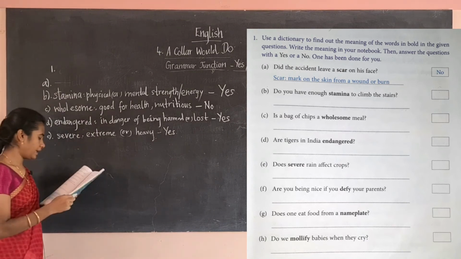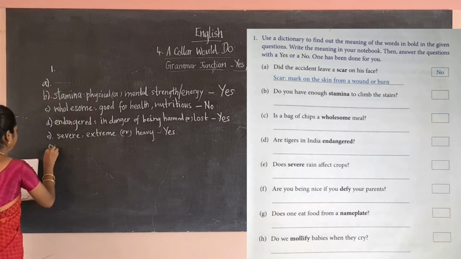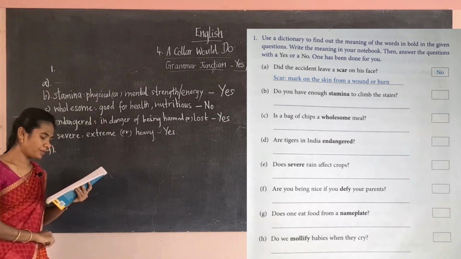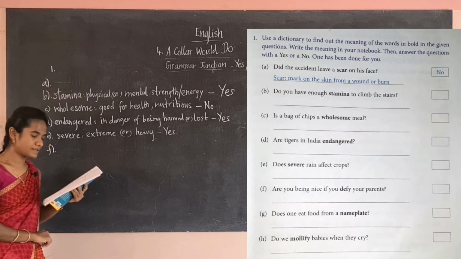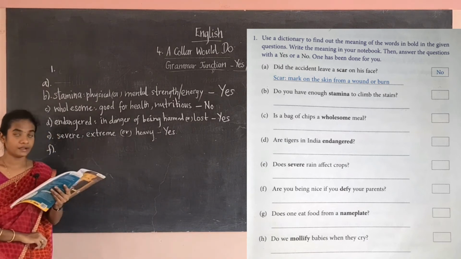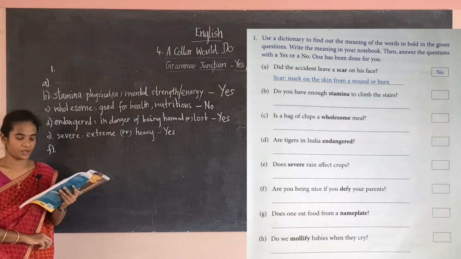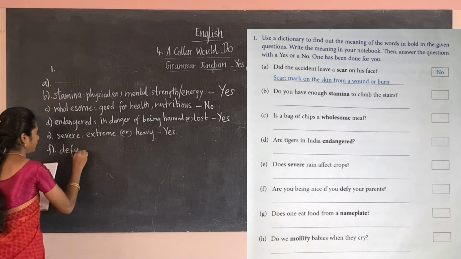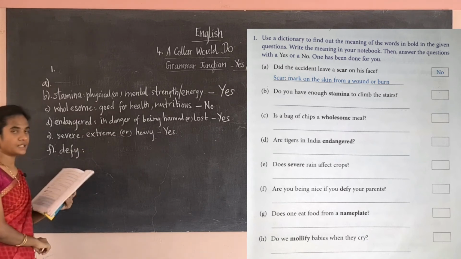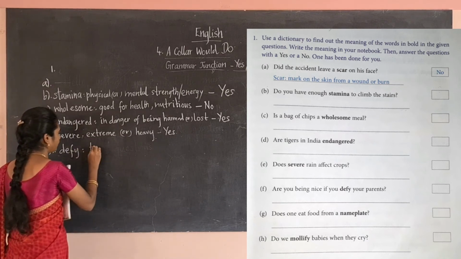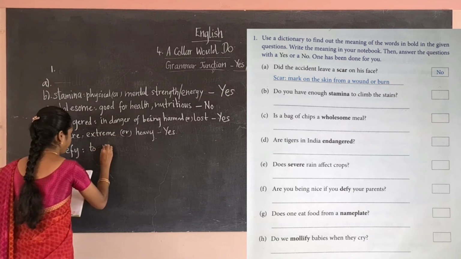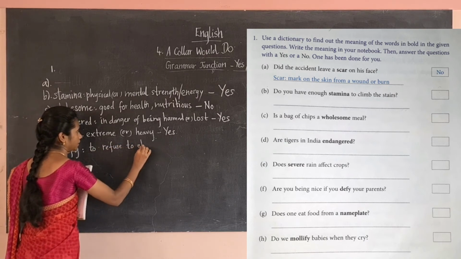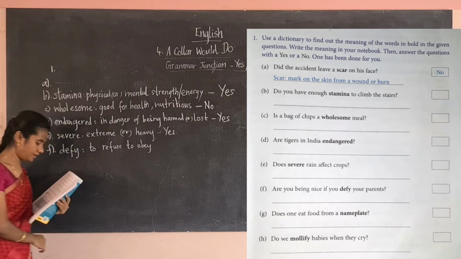Okay, then next F. Are you being nice if you defy your parents? Here the bold word is defy. What's the meaning of defy? To refuse to obey. Now tell me the answer.